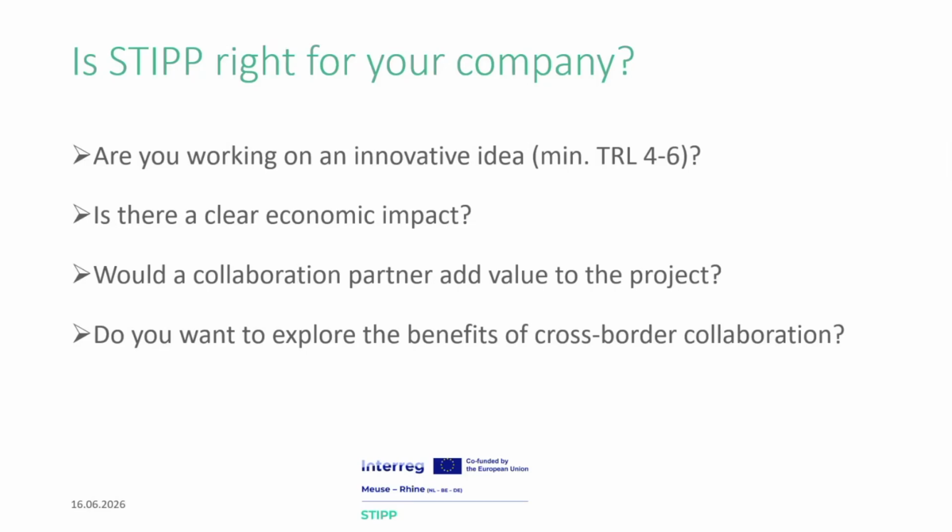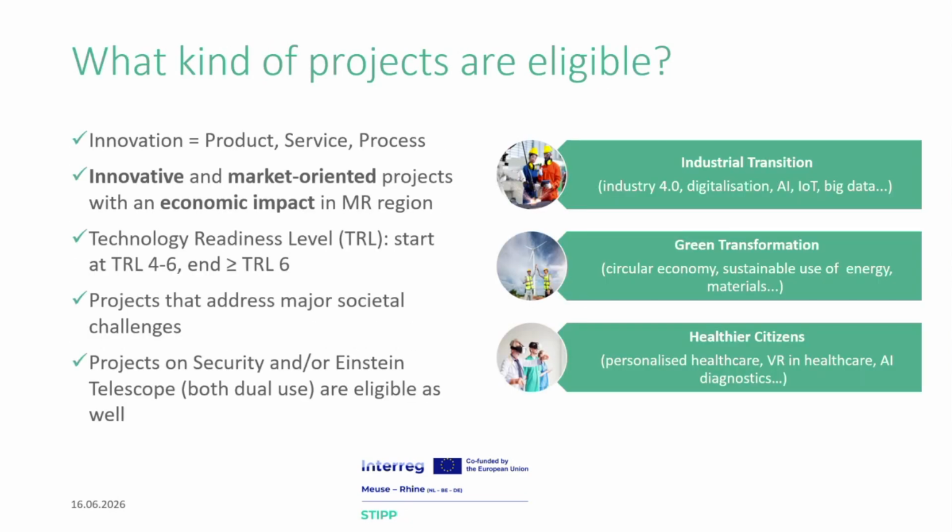But then it's interesting to know what kind of projects we are looking for. So an innovation for us can be an innovation within a product, within a service, or within a process. The project should be, as mentioned, innovative, but also market-oriented, and there should be a certain economic impact in the MR region.